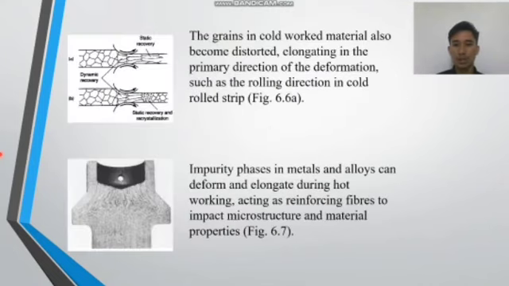Next, the grains in cold worked material also become distorted, elongating in the primary direction of the deformation, such as the rolling direction in cold rolled strip, figure 6.6a. Impurity particles in metals and alloys can deform during hot working, acting as reinforcing fibers that impact microstructure and material properties, figure 6.7.